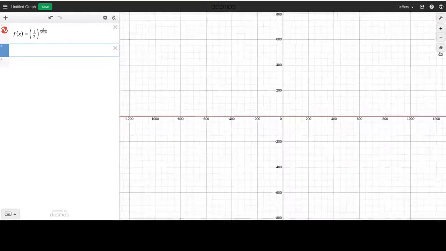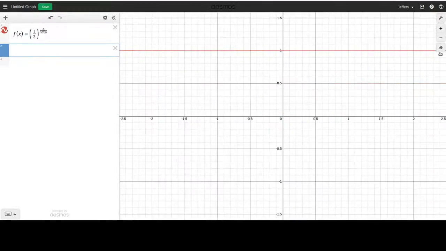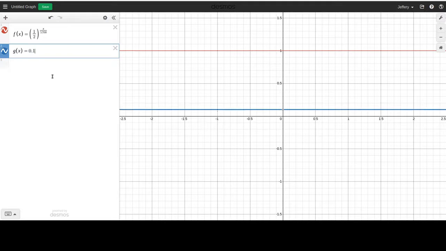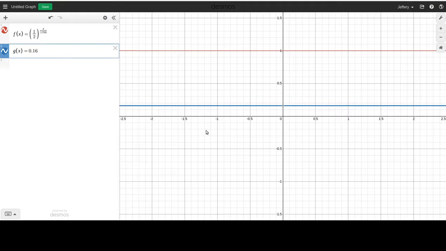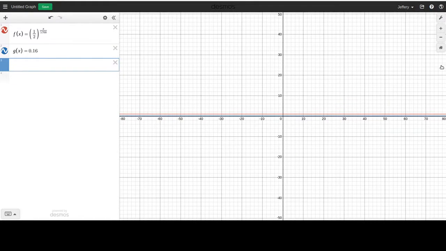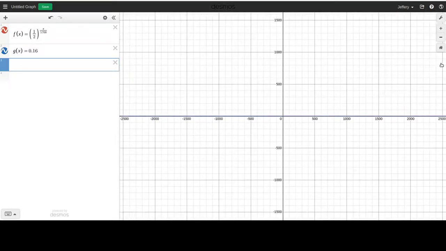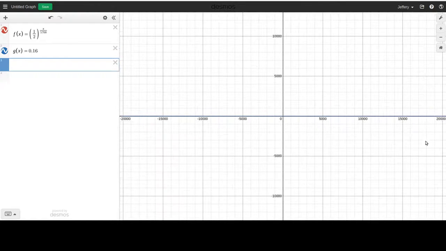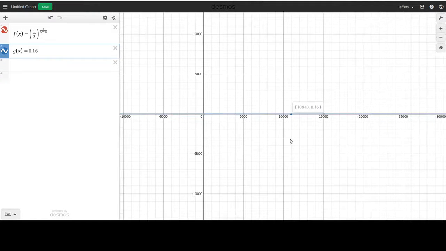So what we want to find is, if I scroll in, when it intersects 0.16. And so 0.16 starts out below. So somewhere out near 10,000, these things cross. And if I scroll all the way back, I'm hoping somewhere around 10,000-ish, we get a cross here.